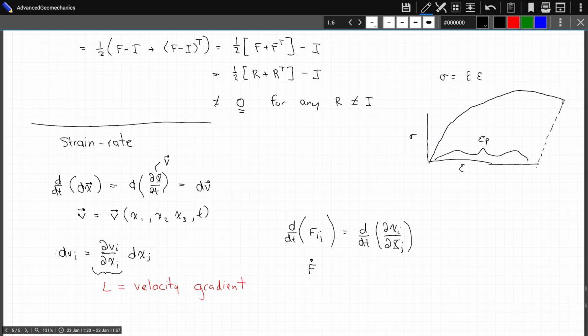All right, so going back up here, I'm going to erase this real quick. I'll just say F_ij dot, and I'm going to leave a little space. Again, we'll move the d/dt inside.